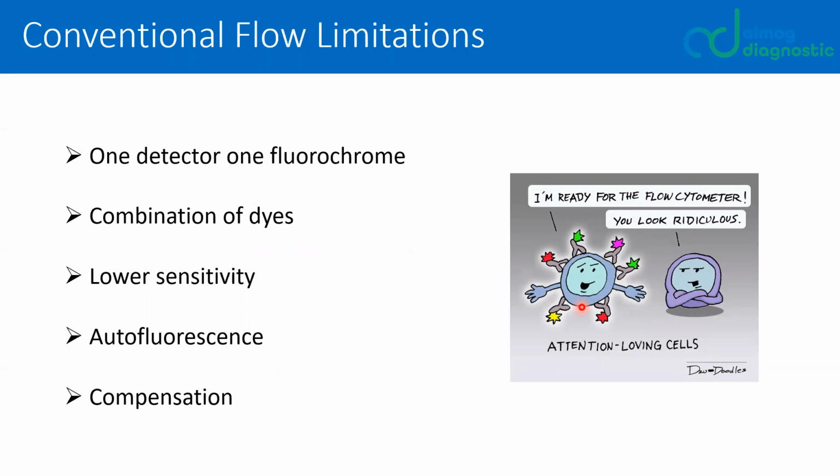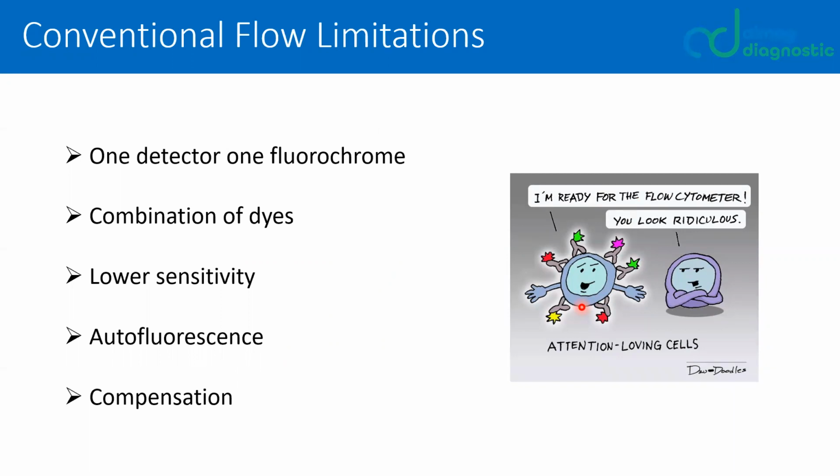First, let's look at some of the limitations of conventional flow that we overcome with spectral flow. As I showed you, there is one detector for one fluorochrome, meaning that we have to match between dye and filter. There is a limited combination of dyes.